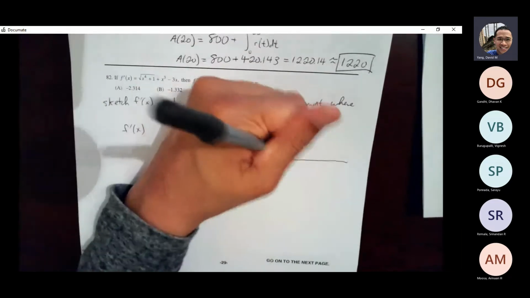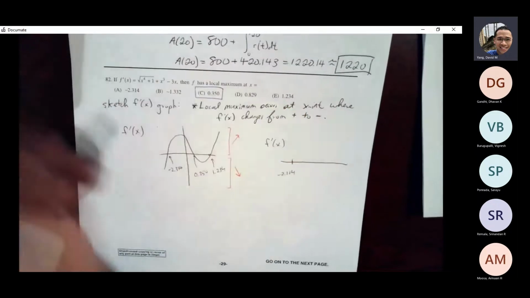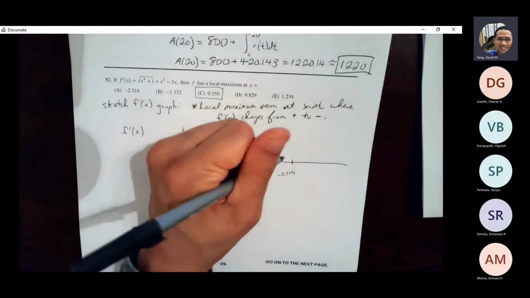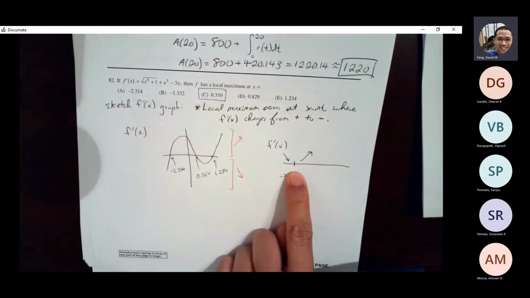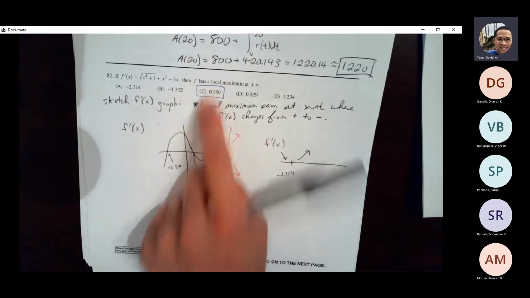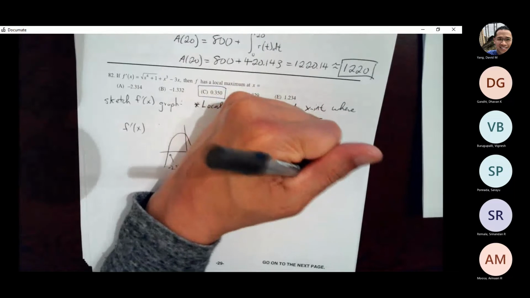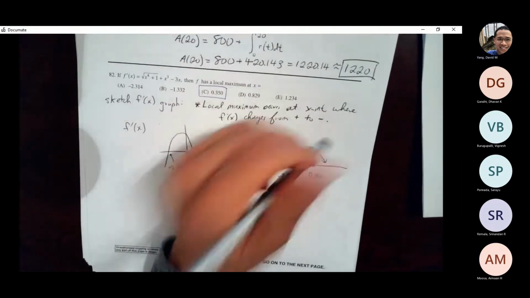We know that at this first point, which is negative 2.314, the graph is going from a negative region to a positive region. So that's going to translate to be a relative minimum. I want a relative max. At 0.350, my graph will change from a positive to a negative slope.